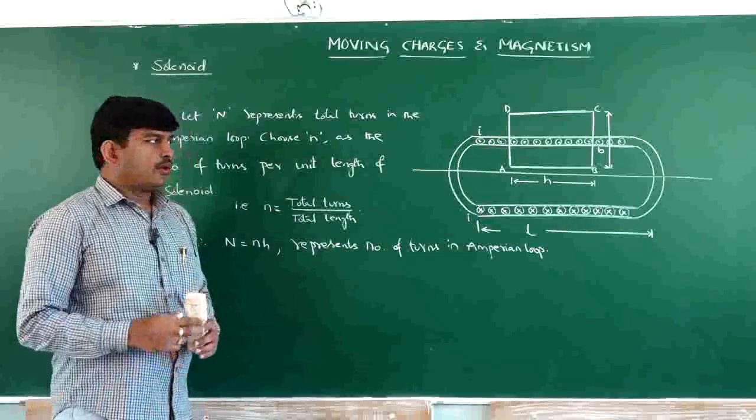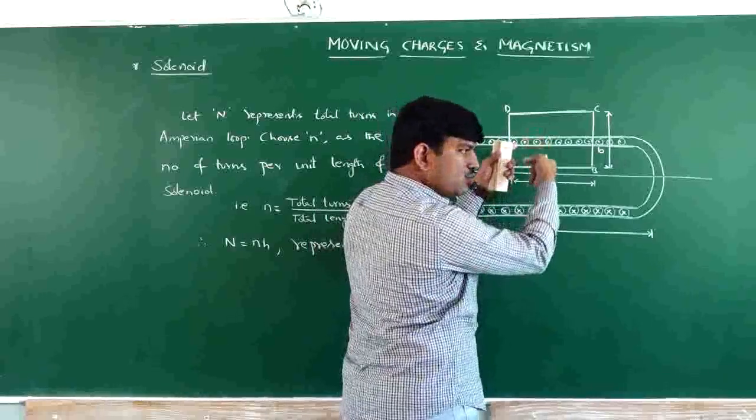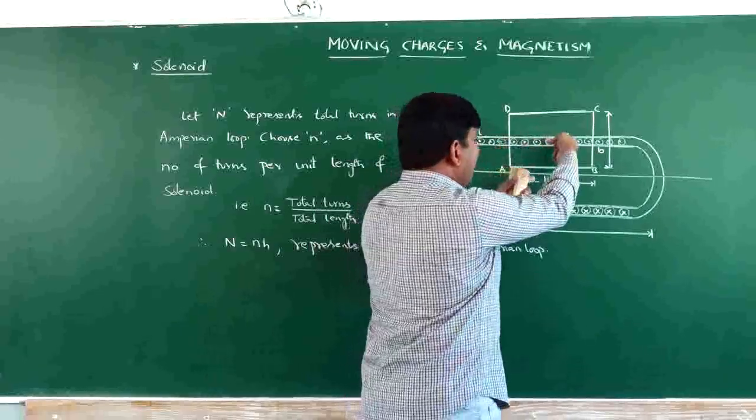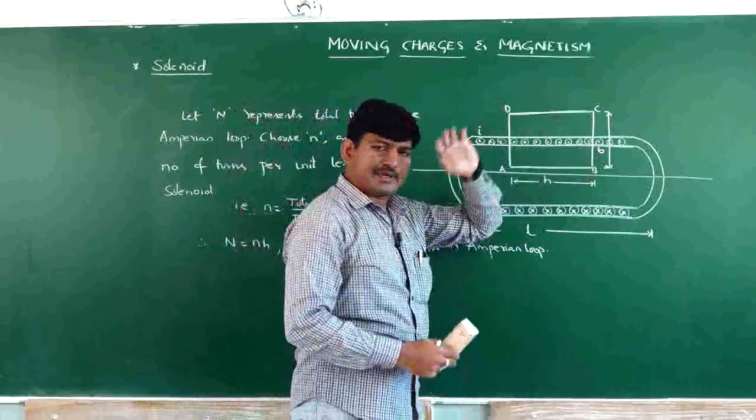Now, if one turn is there, I current is coming out. 2 turns, 2I current. 3 turns, 3I current. 4 turns, 4I current is there. Then what is the total current inside this Amperian loop?